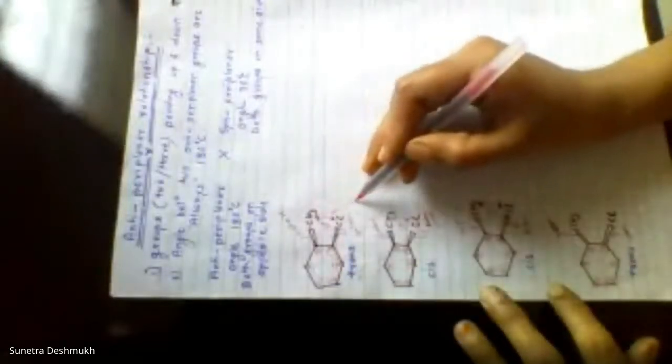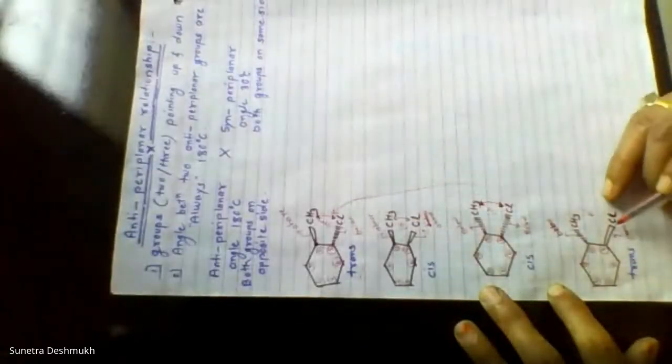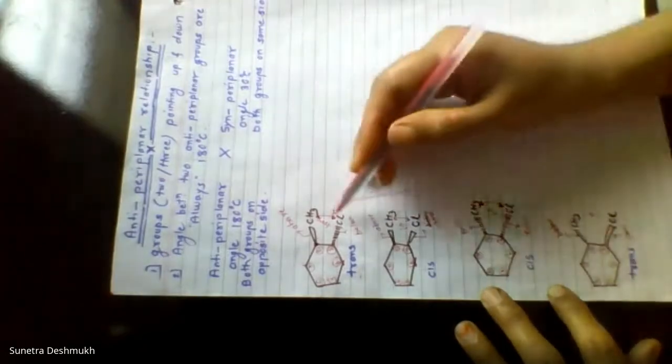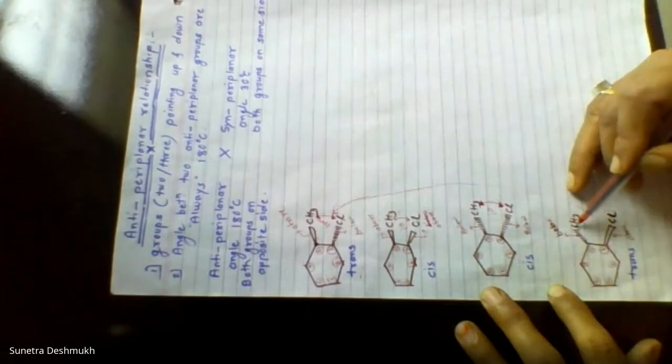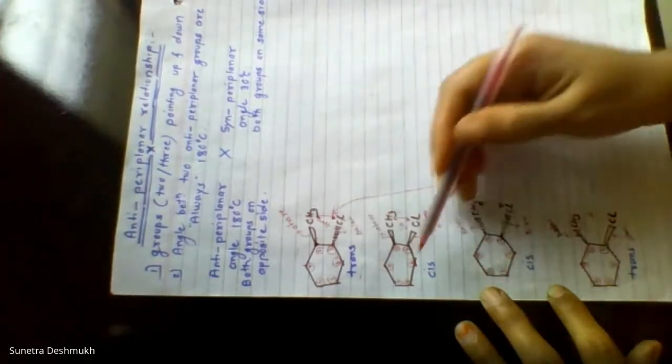These two resemble each other; only I have changed the positions. So I have drawn two trans conformers and two cis conformers. Apart from this there is no other existence of any other molecules, only four molecules.